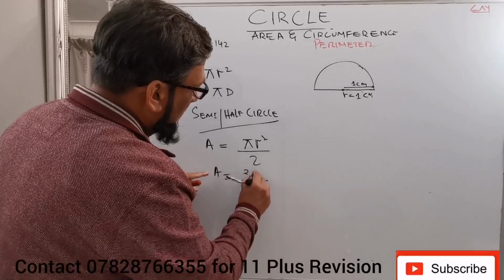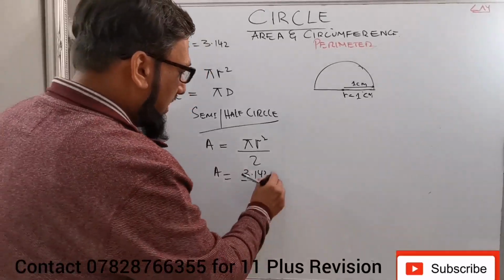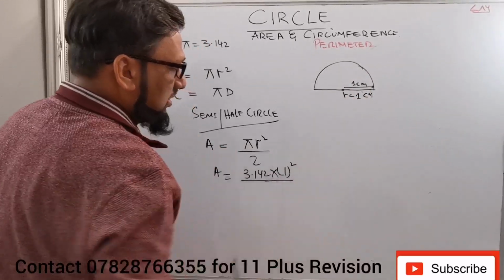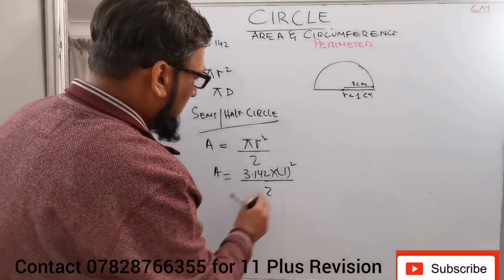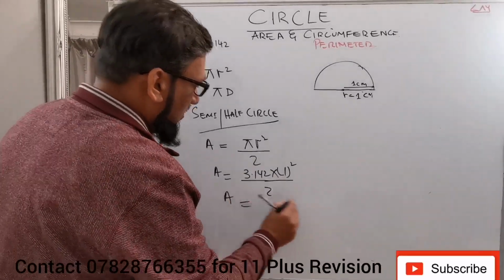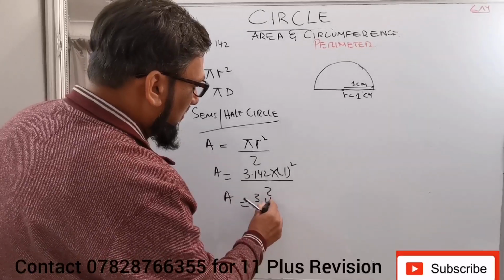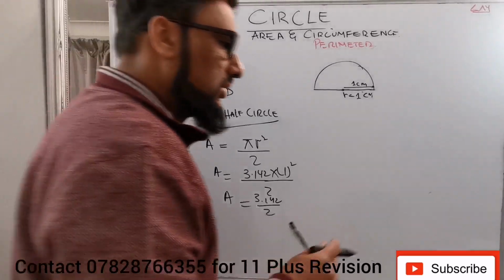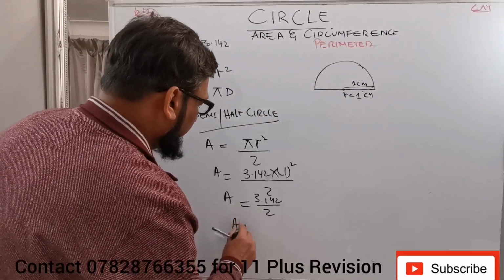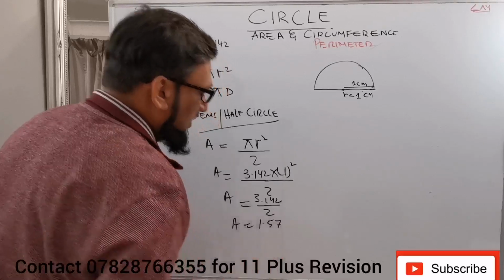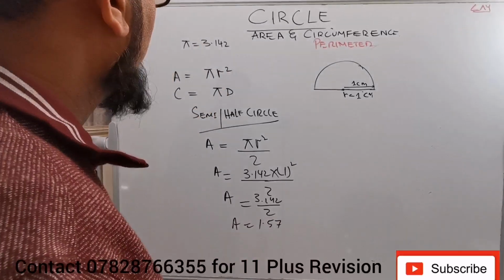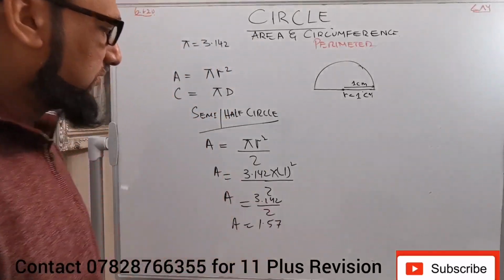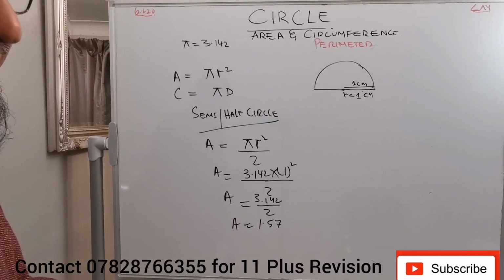The pi is 3.142, times r, which is given as 1, squared, divided by 2. So 3.142 divided by 2 is 1.57. So this is the area of the half circle, which is 1.57.